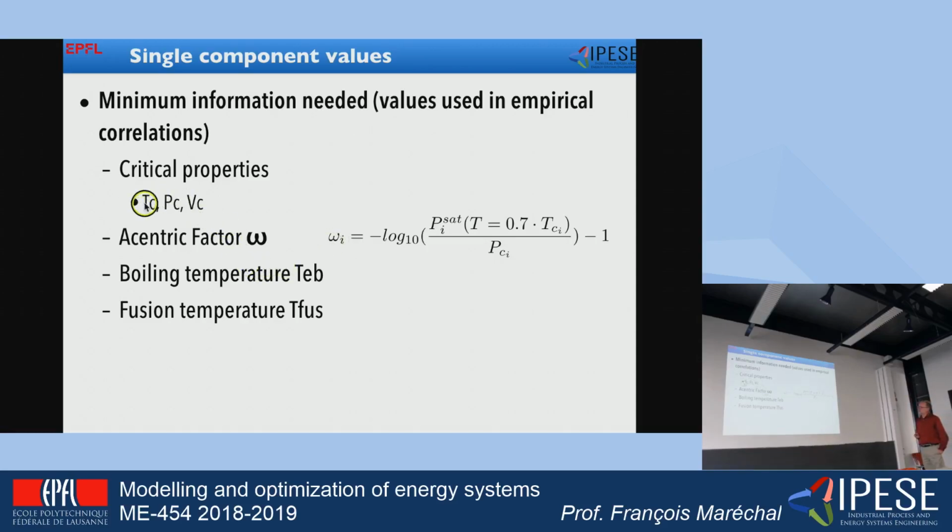So it's characterized by the critical temperature, the critical pressure, and the critical volume. And to a factor that has been identified, it's named the acentric factor, that is calculated by this formula, that is going to characterize each of the molecules that we have. In addition, I need to know what is the boiling temperature and the fusion temperature.